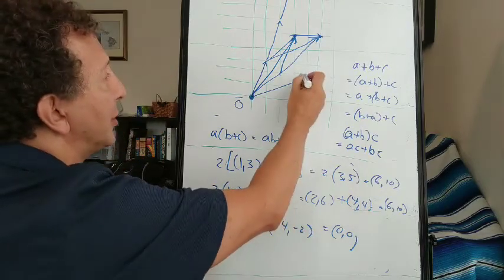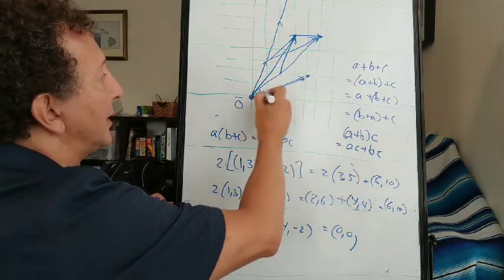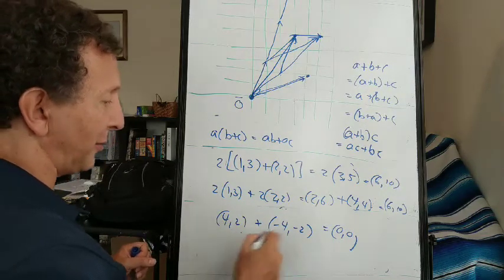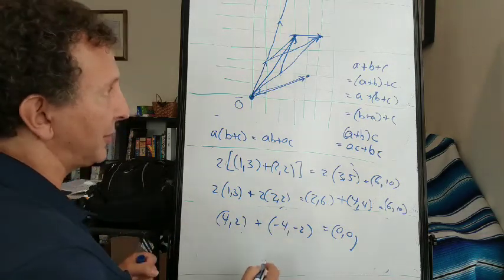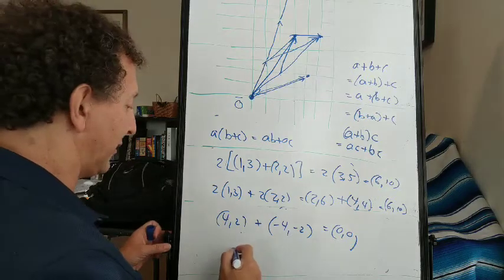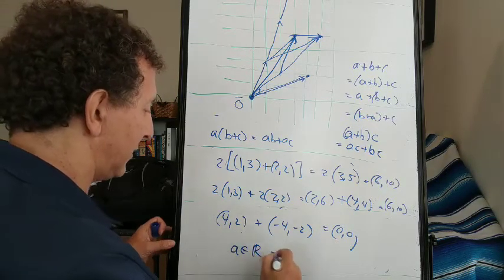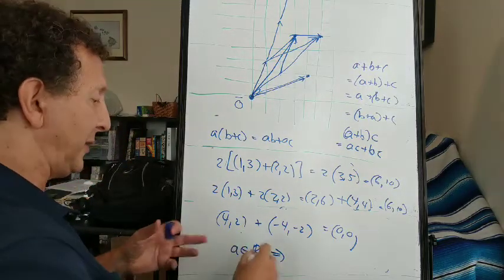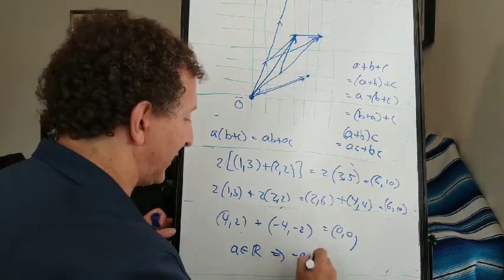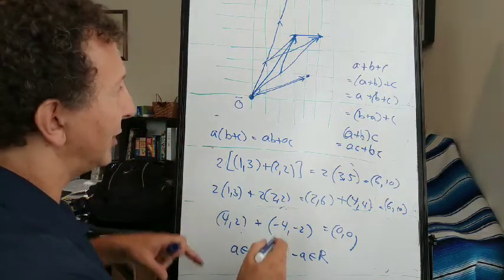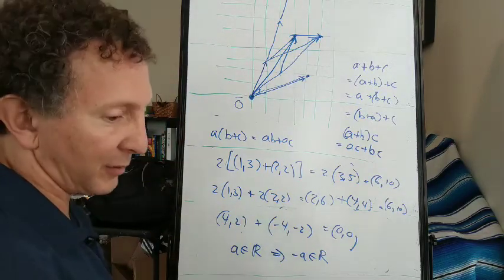So no matter where we go, we can go back again. If 4 and 2 are real numbers, then their opposites are real numbers. And that's just because for every real number a, being a real number implies that -a is a real number too. So whatever you do with adding, you can undo with adding also.